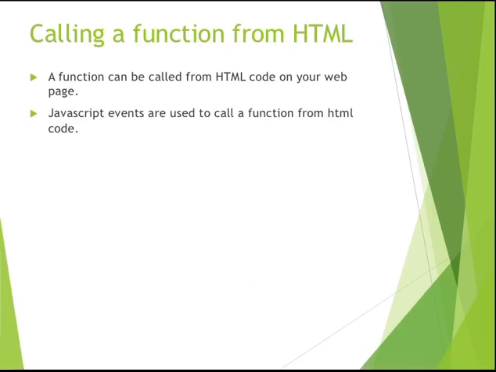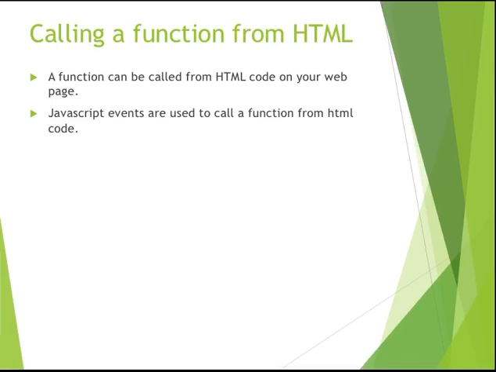How is it done? You can call the function inside HTML tags using events. Events are triggered when you perform a particular action. For example, if you click on a submit button, some action is going to be performed, right? So for example, you have a body tag, and there are various attributes of the body tag.